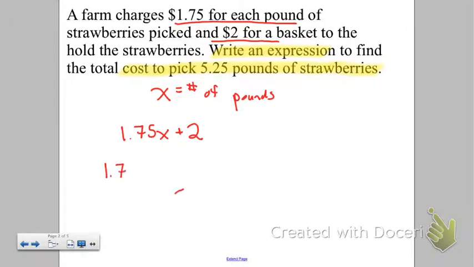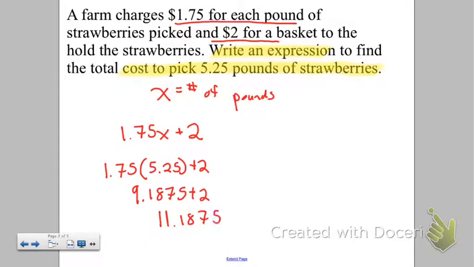Now I have to find the total cost for 5.25 pounds of strawberries. So I can take my expression and substitute in 5.25 for x, which is the number of pounds. And when I do that, 1.75 times 5.25 is equal to 9.1875, plus 2 equals 11.1875.